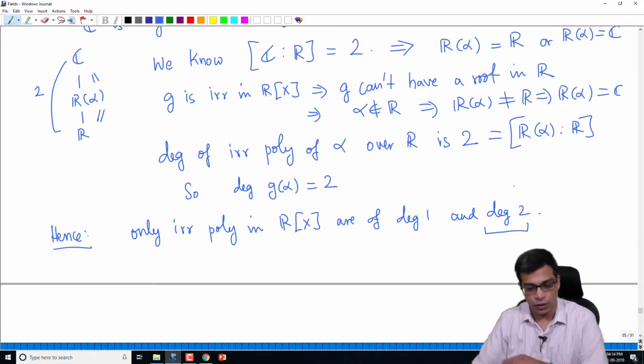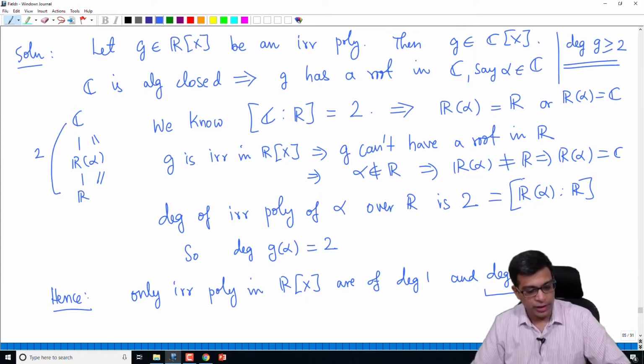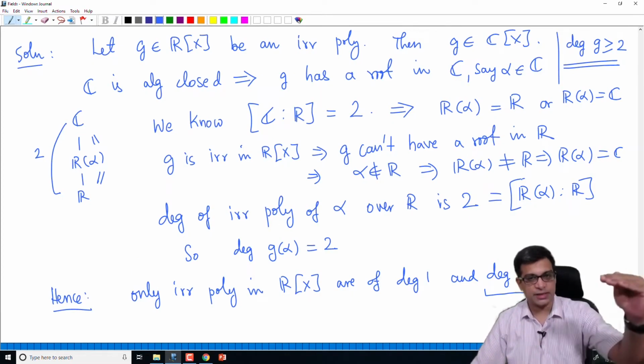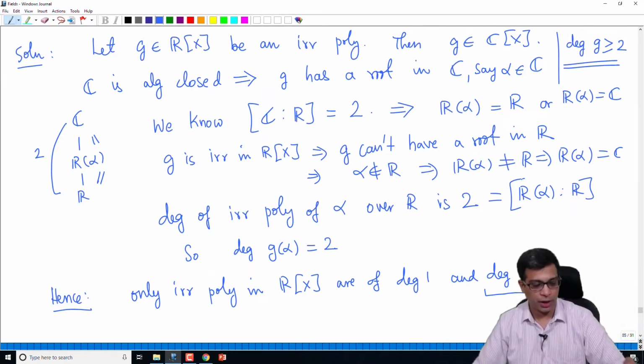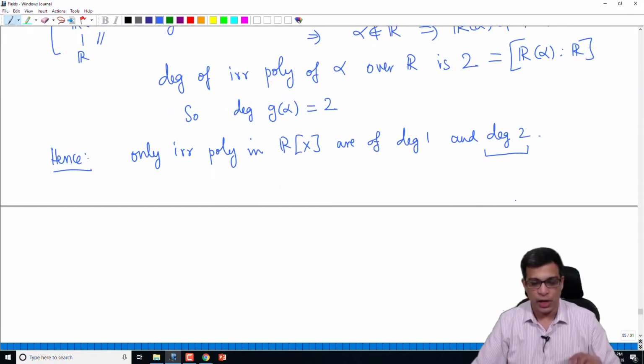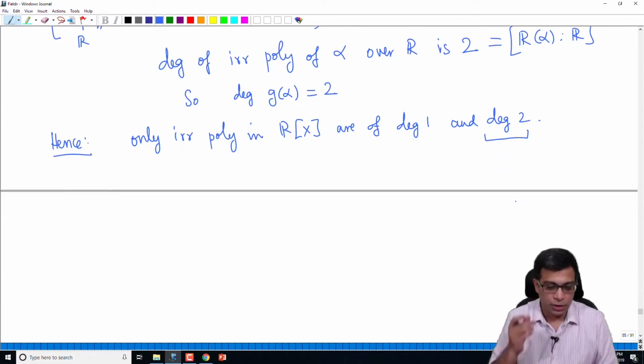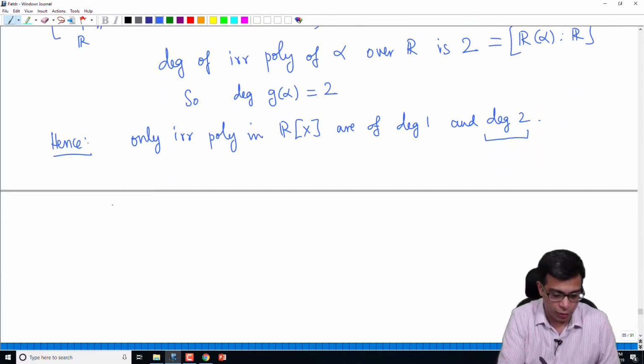So 3, 4 and so on are not there, and that is reflected in the fact that there is a degree 2 extension of R which is algebraically closed. You go just one step more from R and you get algebraically closed. So R is very close to being algebraically closed, but it's not quite true.